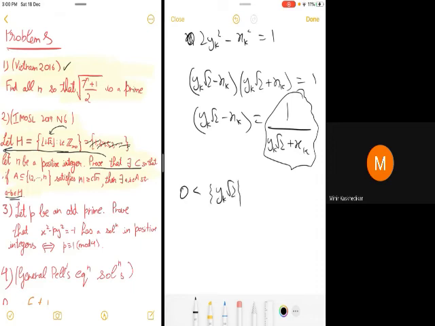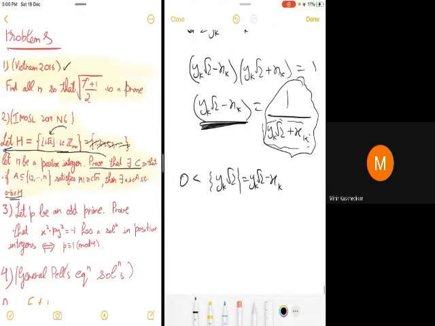Notice that this thing is less than 1 because this thing is greater than 1. So the fractional part of yk root 2 is equal to this, because xk is the integer part of this, the least integer such that this minus this is less than 1, and hence we have that this is less than.